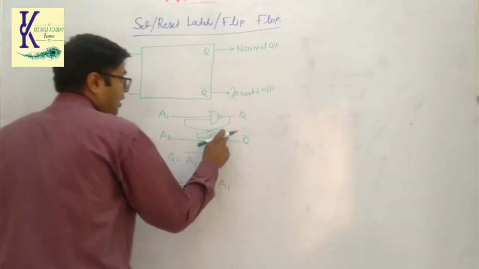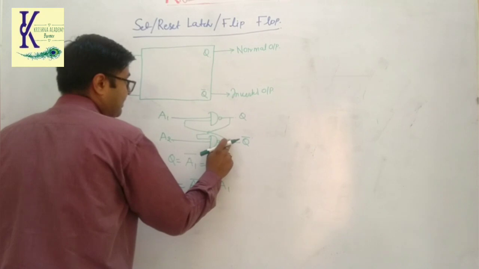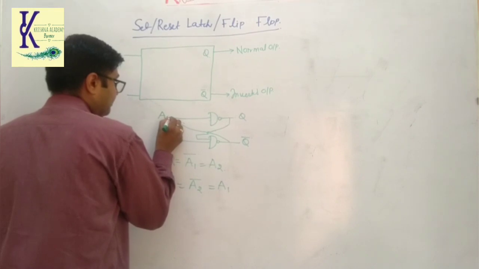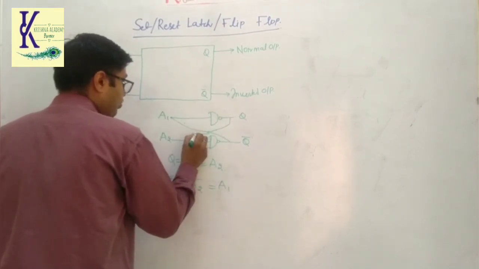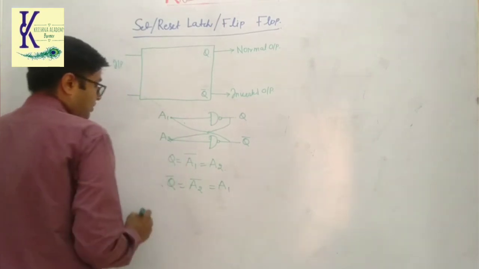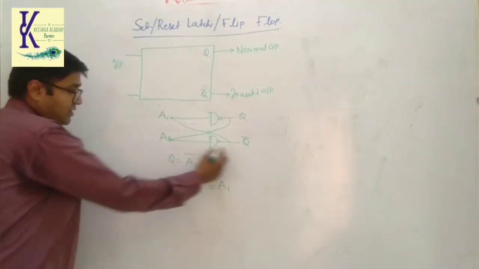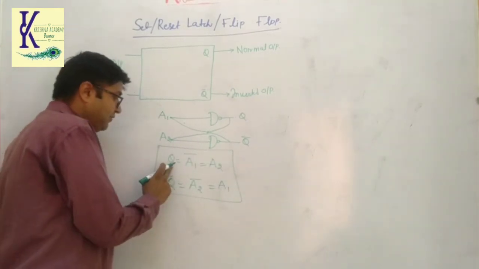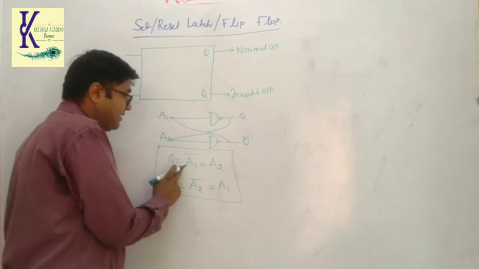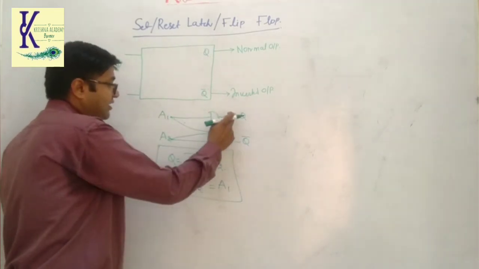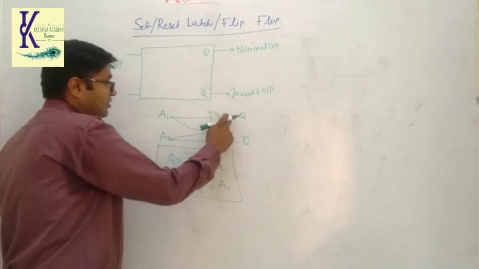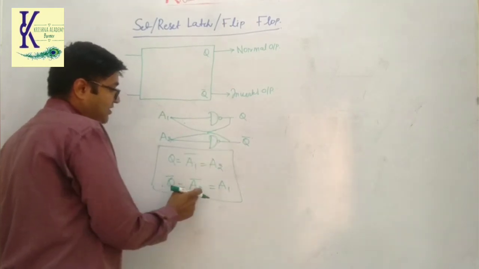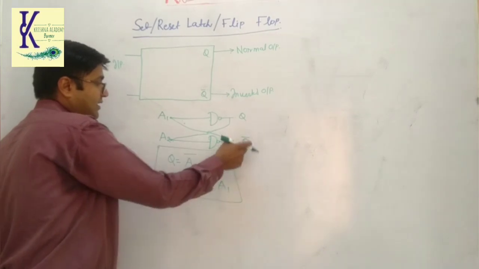Basically, you can use this circuit like this or like this, so that you will understand equation 2. What it is saying is that the first output, Q, the normal output, is basically A1 bar, and that is A2 because this output is going towards this one. In the same manner, Q bar is basically A2 bar and that is A1.